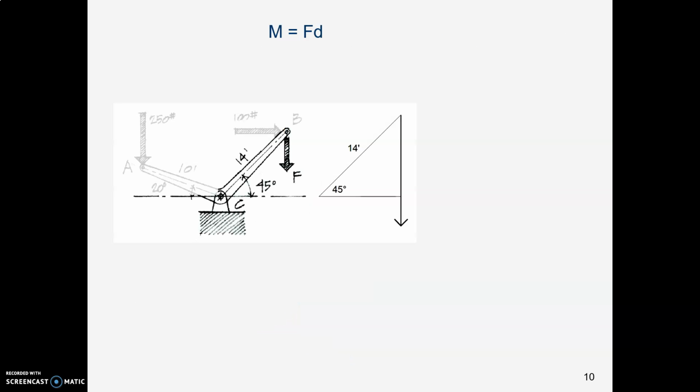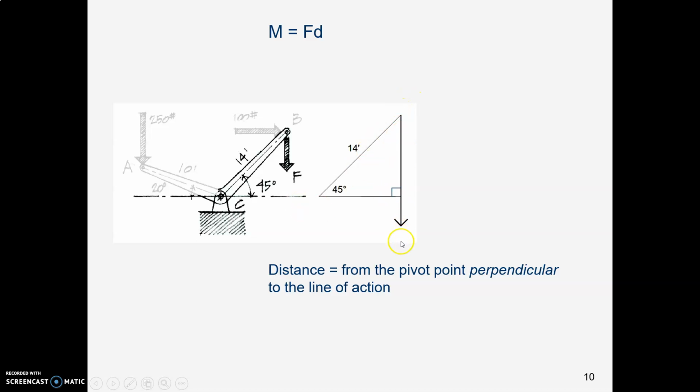All right, now let's look at force F. And this is the one we're trying to find. We don't know how big that weight is pulling on there. We do know that this is a 45-degree angle, and we do know that there's a 14-foot length along here. And we're trying to find the distance from the pivot point perpendicular to the line of action. And here's the line of action. There's where the perpendicular distance will be.